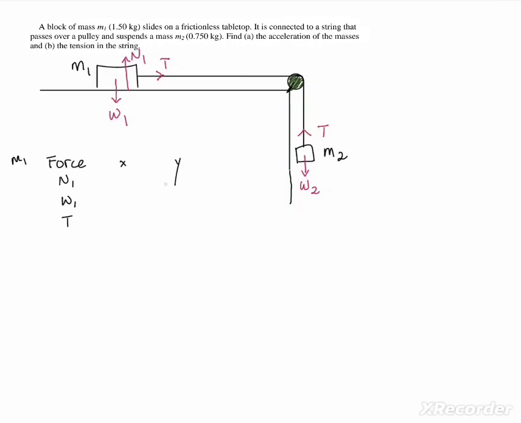So for N1, we have a positive N1 and no X component. For W, there's no X component. And the Y component is negative W1, negative because it's directed at the negative Y axis. So if we take positive X here, positive Y. And then for tension, we have X as positive T, and then there's no Y component.